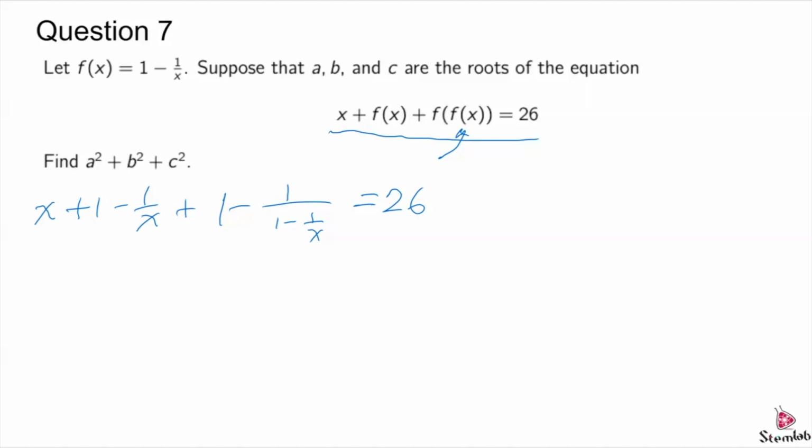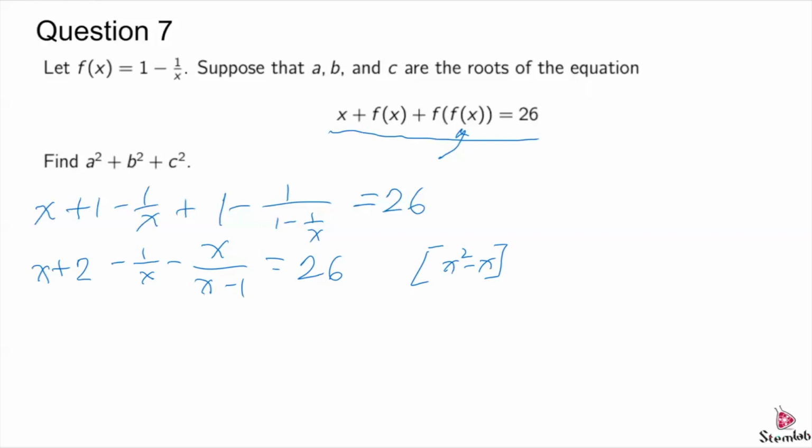So this simplifies to x plus 2 minus 1 over x minus x over x minus 1 equals 26. Multiplying, we will basically multiply by x squared minus x, so we get rid of the denominators, or the fractions, in our equation.